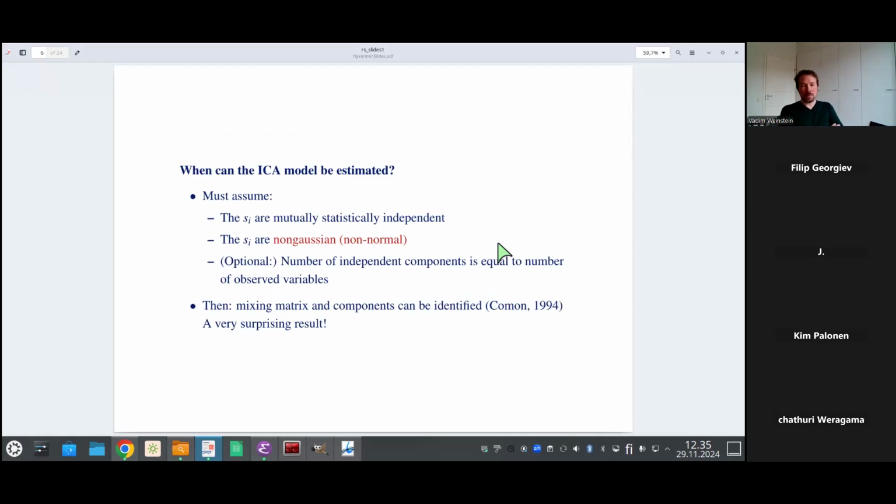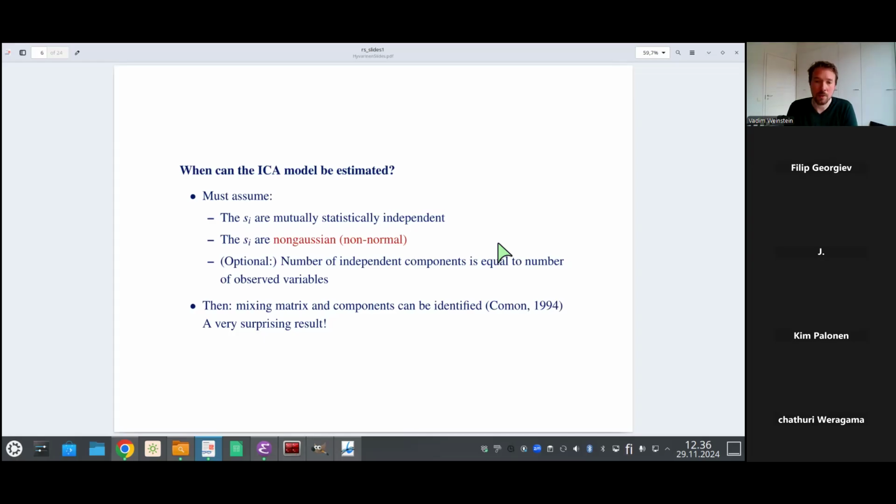So this slide is exactly what I just said. You have to assume that these signals are statistically independent. You have to assume that they're not Gaussian, not normally distributed, and it's good if your number of signals is the same as the number of measurements.